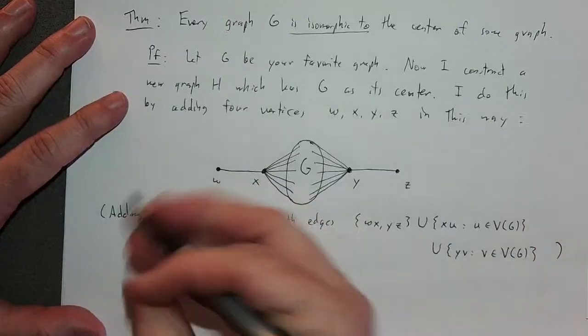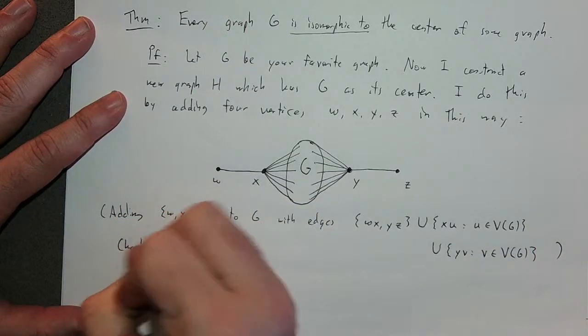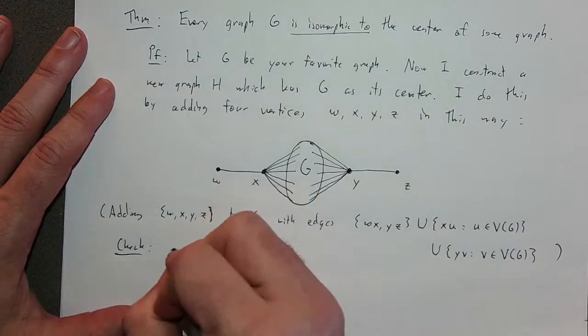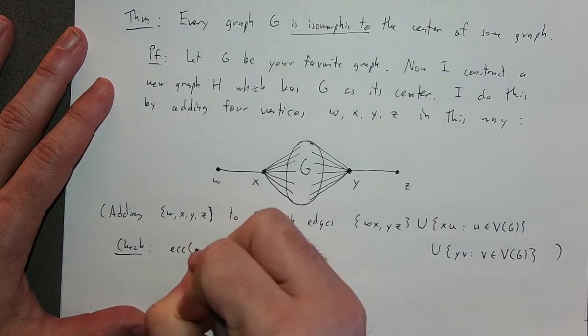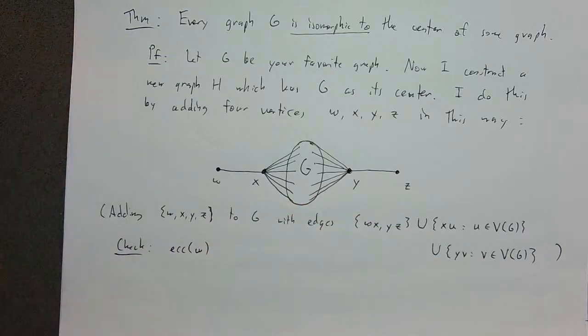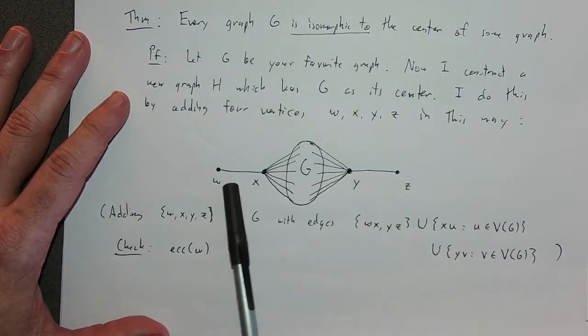And now let's quickly check here. What is the eccentricity of W? What's the largest possible distance from W to another vertex in this graph?